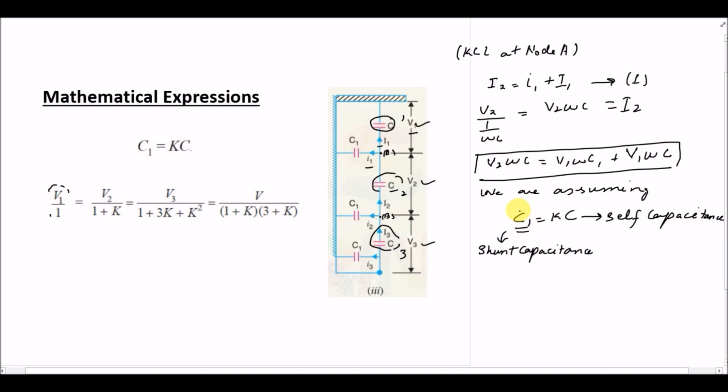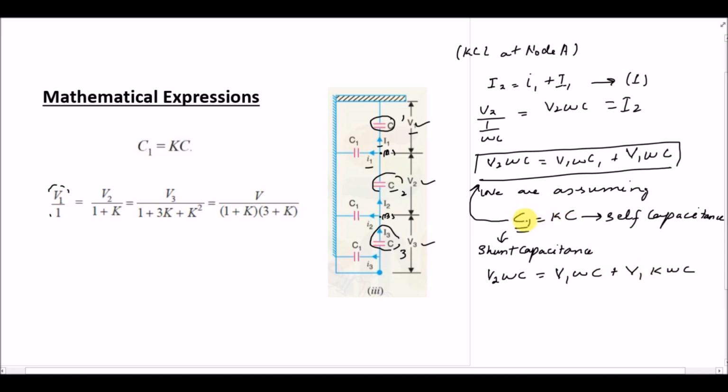The shunt capacitance is a smaller value than the self capacitance, so this C1 is actually a fraction of the self capacitance. If I use this C1 in the equation that I derived above, then the equation will become V2 omega C is equal to V1 omega C plus V1 K omega C, right?